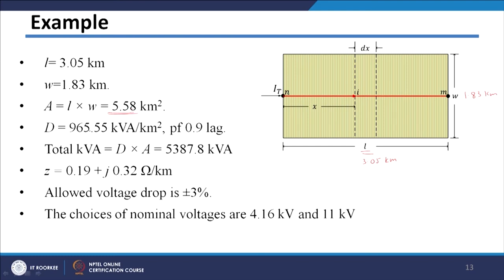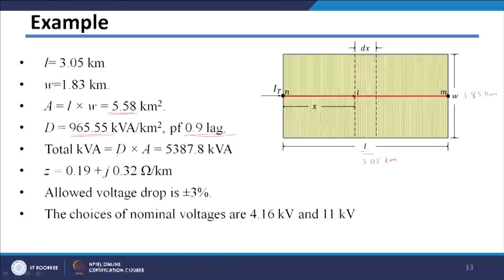Let us say the load density in this area is 965.55 kVA per kilometer square and the power factor is 0.9 lagging, which is basically the average power factor over this area. So, the total kVA will be this load density multiplied by area, which comes out to be 5387.8 kVA. This is the total load served in this particular area.